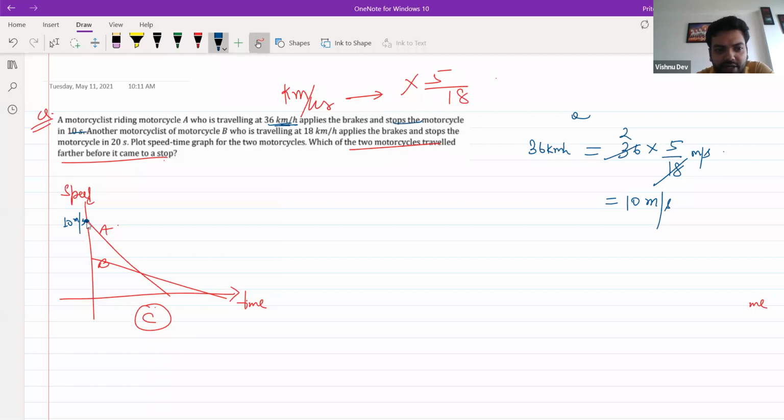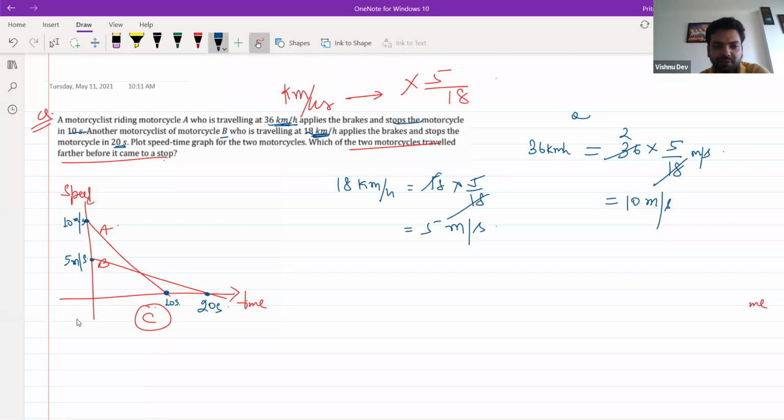So you can see its speed becomes 0 at this point and the time taken is 10 seconds. Talking about B, who is traveling at 18 kilometers per hour, first convert it into meter per second. 18 into 5 by 18, so you get 5 meter per second. So B starts with velocity 5 meter per second and stops. Stops means definitely this time should be 20 seconds.